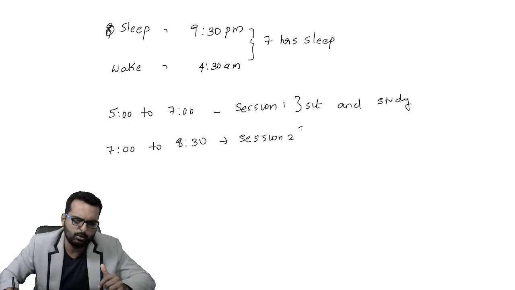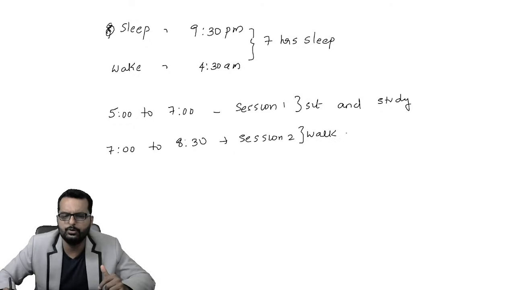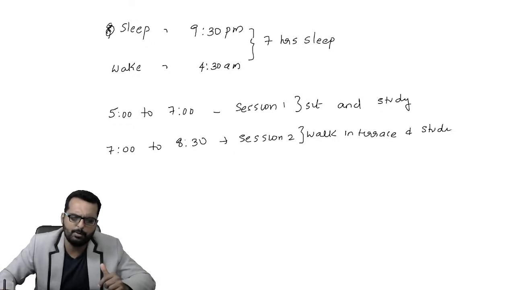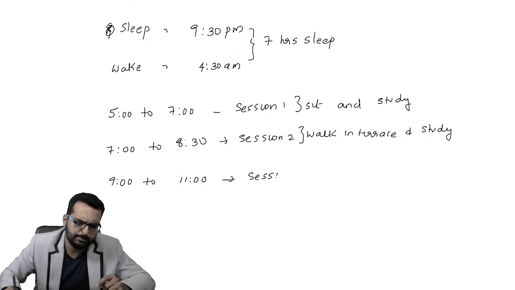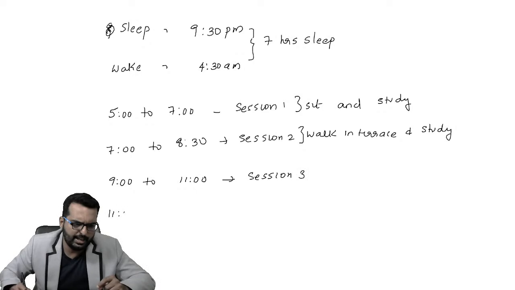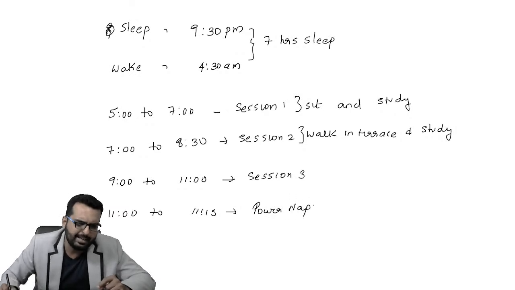I didn't take a break over here, but the difference was I used to walk in my terrace and study. So this used to be normally a theory session. All right. 8:30 to 9 used to be my breakfast break. 9 o'clock to 11 o'clock used to be my session 3. Every day, 11 o'clock to 11:15, I used to take a power nap every day, same time.